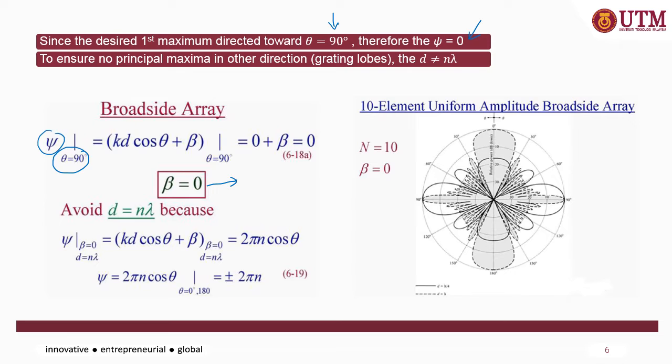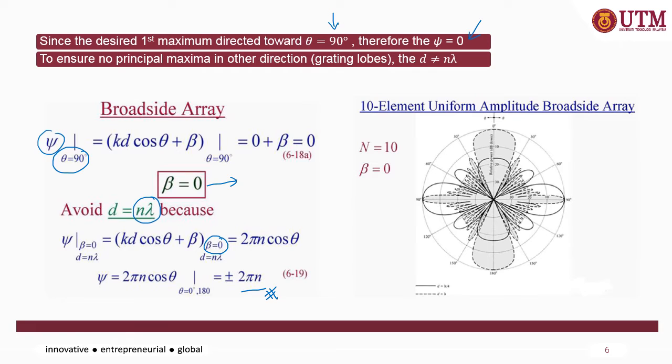And we need to ensure also that the separation distance between the elements is not equal to a multiple of lambda, where n is an integer 1, 2, 3, and so on. We need to avoid d equal to a multiple of lambda, because although the phase beta equals 0, when the separation distance between the elements is equal to a multiple of lambda, psi will be equal to plus or minus 2 pi n.